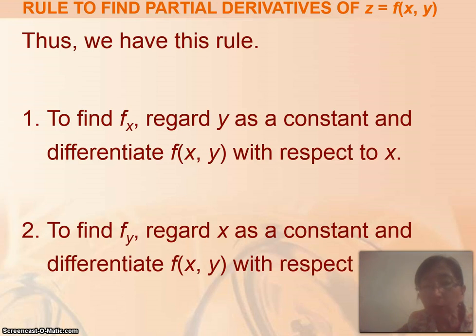First step, to find f_x, regard y as a constant and differentiate f(x, y) with respect to x. Second step, to find f_y, regard x as a constant and differentiate f(x, y) with respect to y.